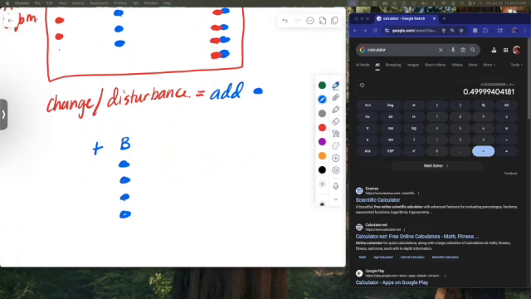This is me just applying the change. It hasn't responded yet.